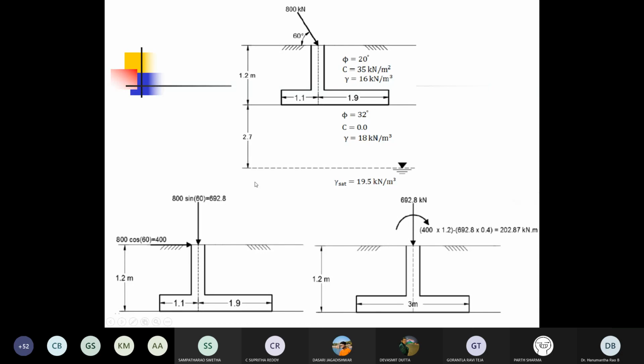So there are two things. The first is the vertical component of load, 692.8, multiplied by eccentricity. Eccentricity is 1.9 minus 1.5, that is 0.4. So 692.8 into 0.4, and the other is 400 into 1.2.